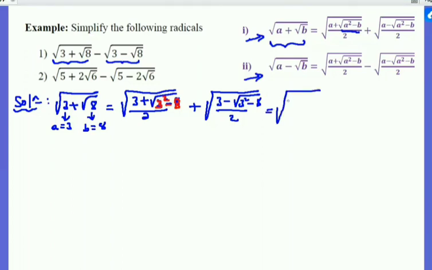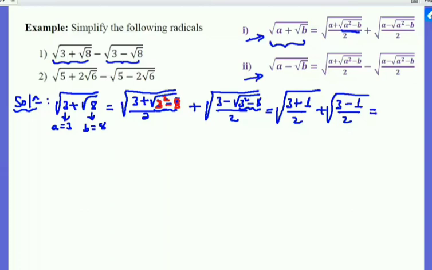So it becomes 3 plus this result, which is 1. Square root of 1 is 1. So 3 plus 1 over 2, plus another radical 3 minus this thing. 3 square is 9, 9 minus 8 is 1, square root of 1 is 1, over 2.